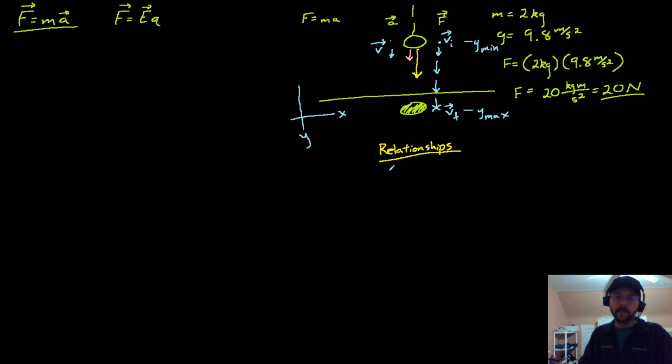So first of all, we have a relationship that relates force, mass, and acceleration. And I might mess up the words a little bit, but I believe you would say force is proportional to mass and acceleration.